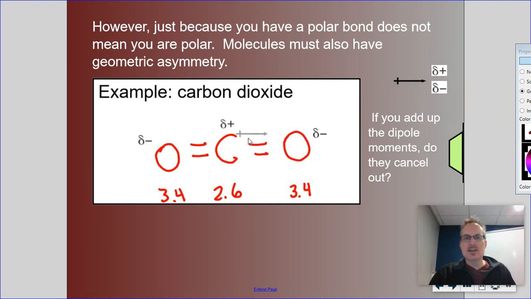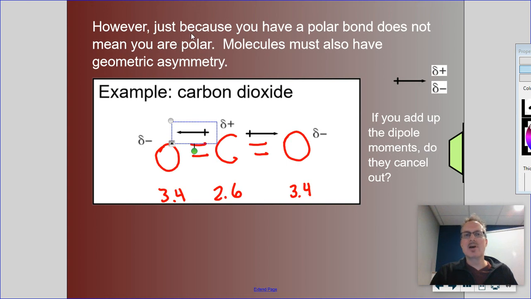So in this case, between this bond of carbon, oxygen, this double bond, oxygen is going to pull harder than carbon. In this other bond, I'm going to flip it because oxygen is going to pull harder to the left than the carbon. So we have one oxygen pulling harder than the carbon twice. One's pulling directly left, one's pulling directly right.